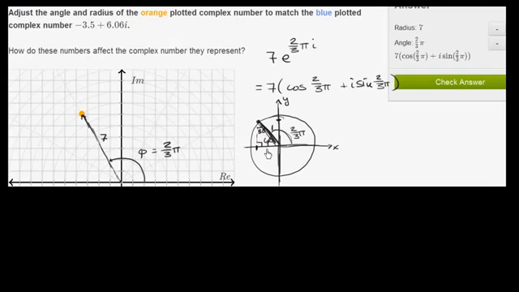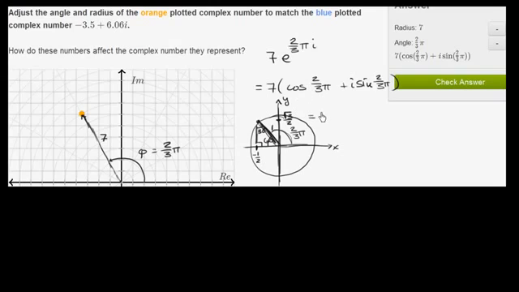So the 30-degree side will have length 1/2. So this coordinate right over here is going to be negative 1/2. And then the side opposite the 60-degree side is square root of 3 times the 1/2. So this right over here is going to be square root of 3 over 2. And you could verify that on a calculator if you like. So cosine of 2/3 pi is negative 1/2.